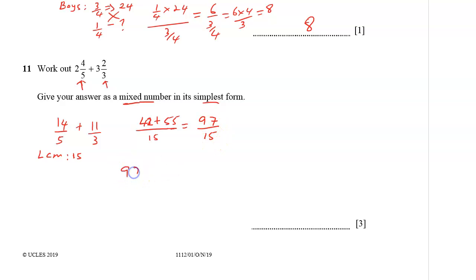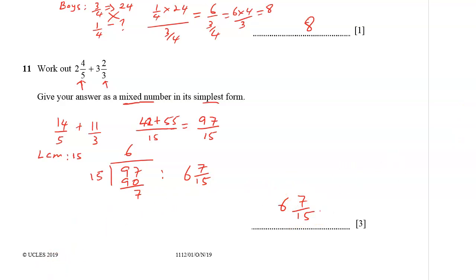We do long division by 15. The first one is 6. 15 times 6 gives us 90, remainder 7. Therefore, the mixed number here will be 6 and 7 over 15. That's what we write here.